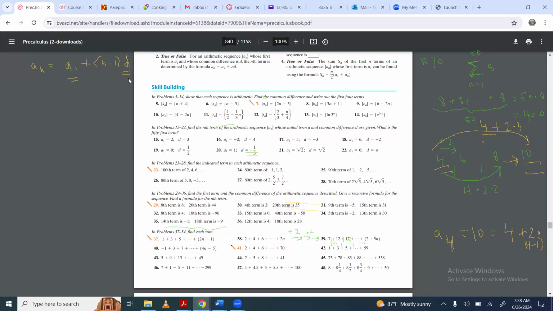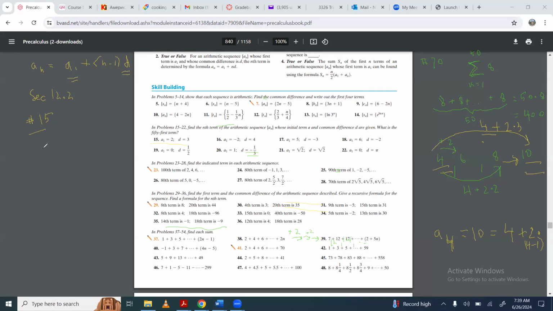So again, I'm in chapter 12, and it's the next section, section 2 of chapter 12. It deals with a special type of sequences called arithmetic. For example, if I look at problem number 15, it has a first term, which is 2, and the difference is 3.